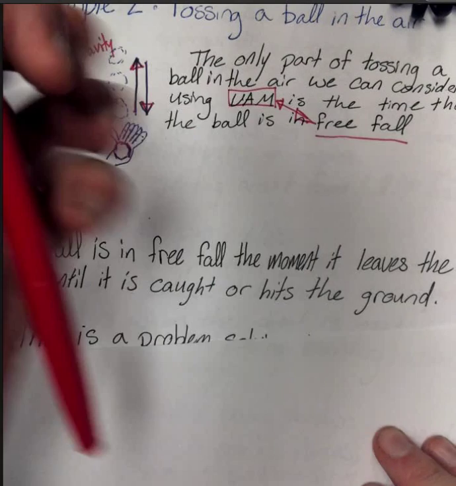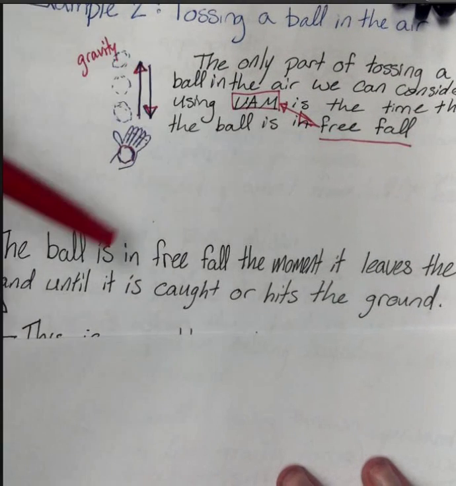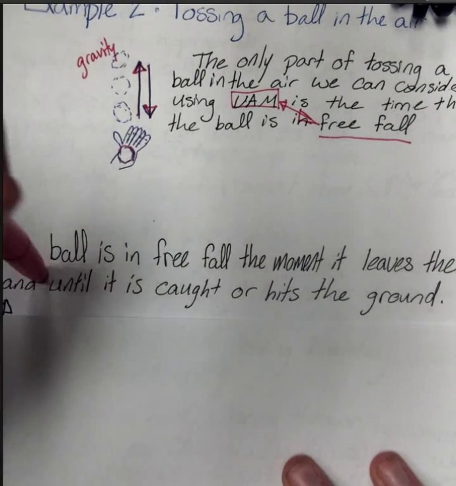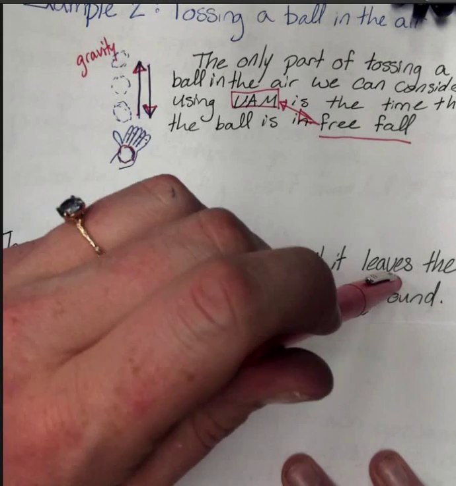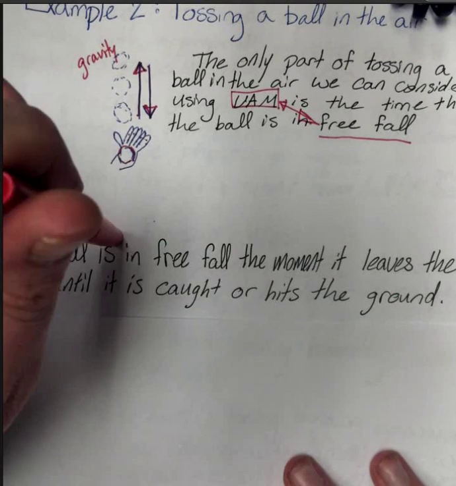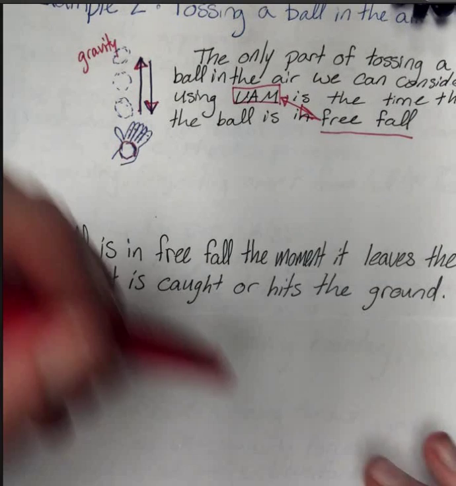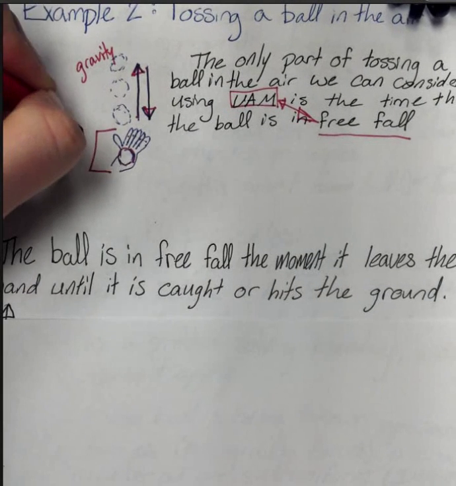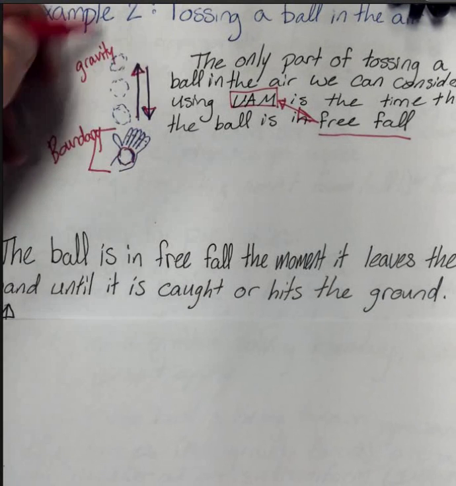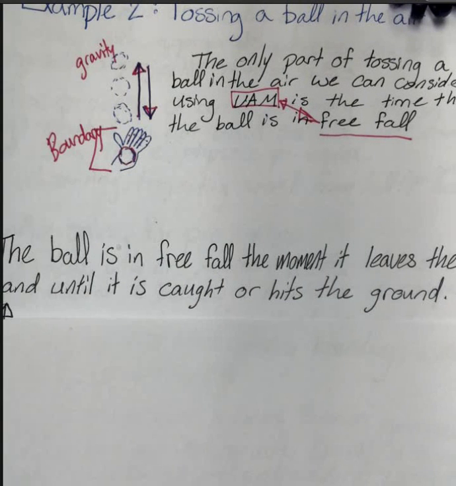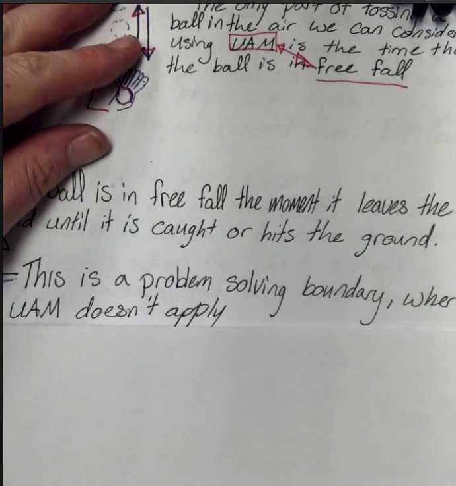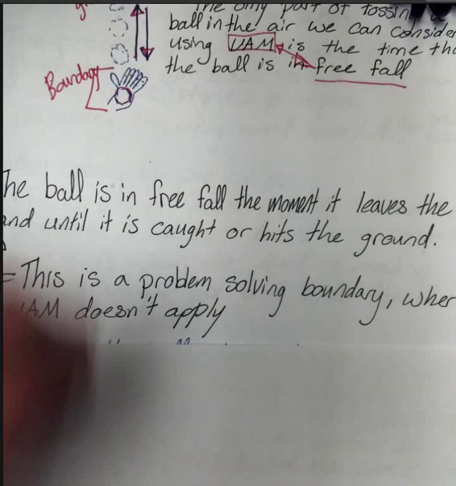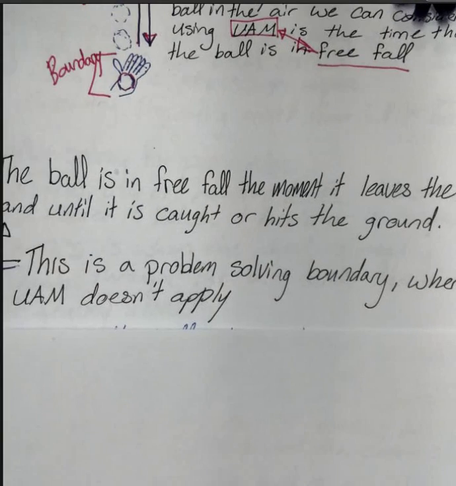You're accelerating it. So in the moments before it leaves the hand and the moment after it returns to hand, those are no longer uniform accelerated motion. That means that that's a boundary. All we can consider is this free fall motion up here. The problem-solving boundary is where uniform accelerated motion does not apply.